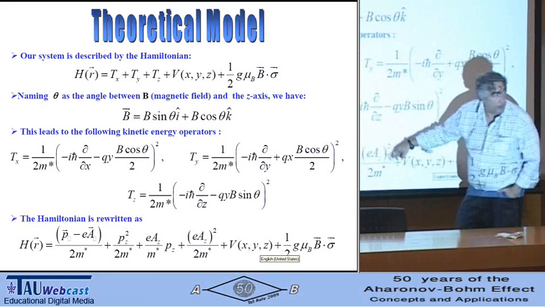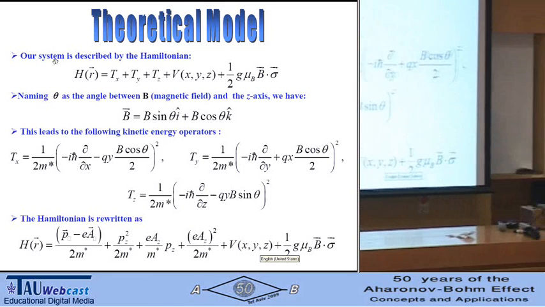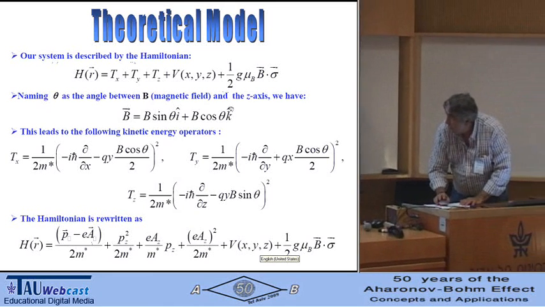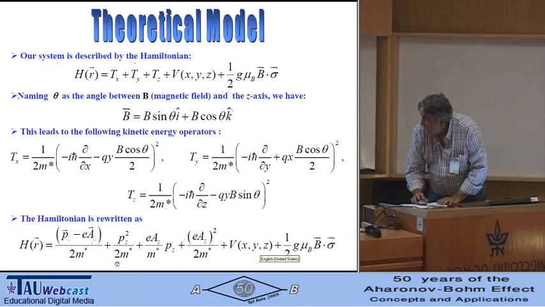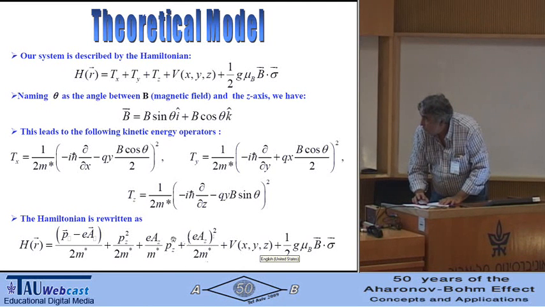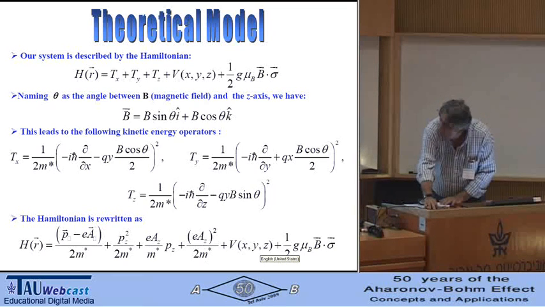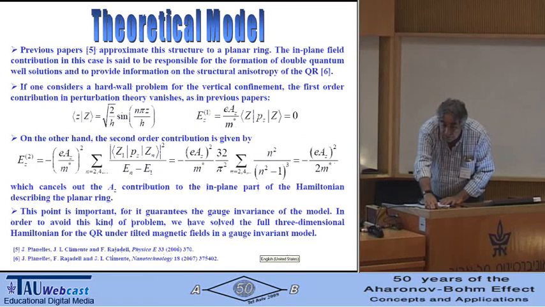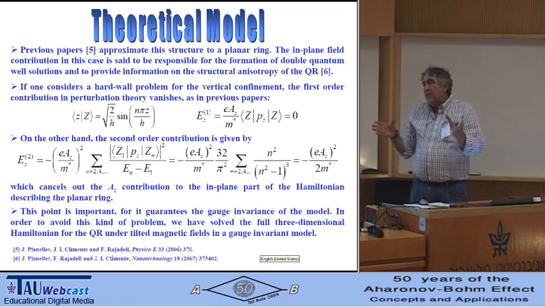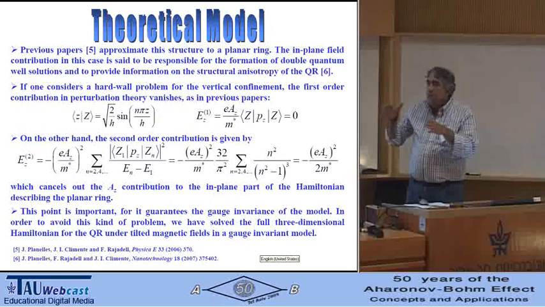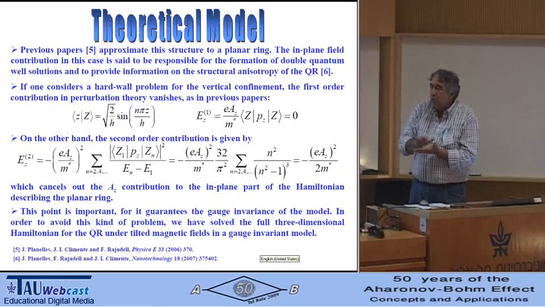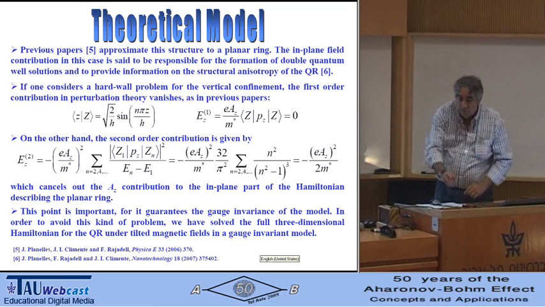We showed that if you consider up to the second order, these two terms will cancel. So depending on the gauge that you use, when you go to the limit of two dimensions, you can have wrong results.